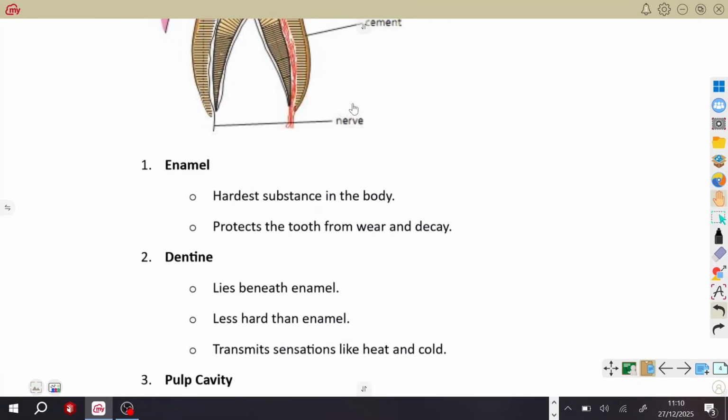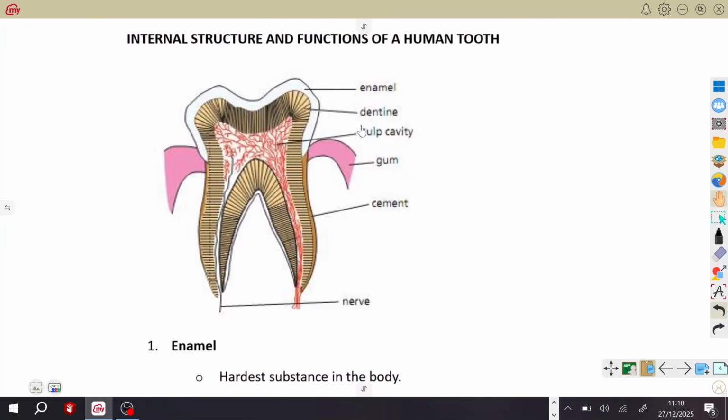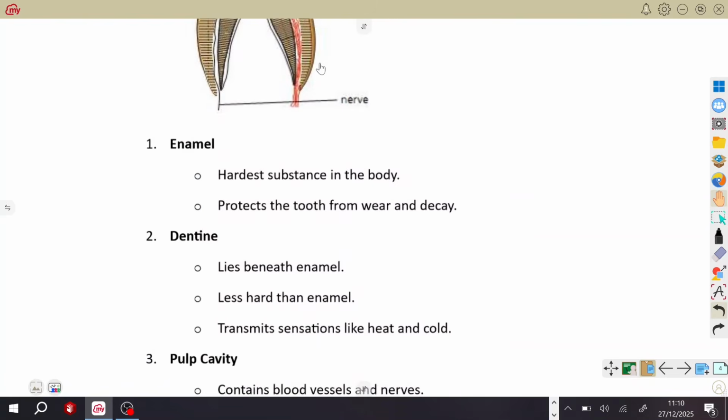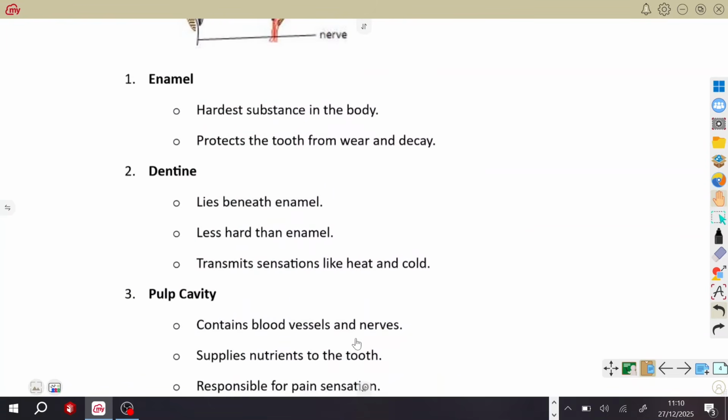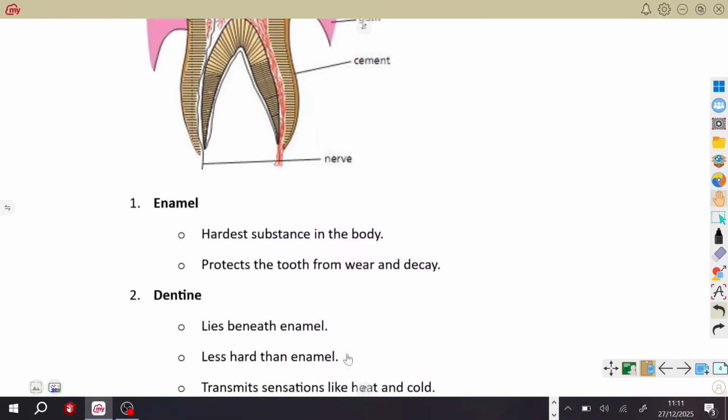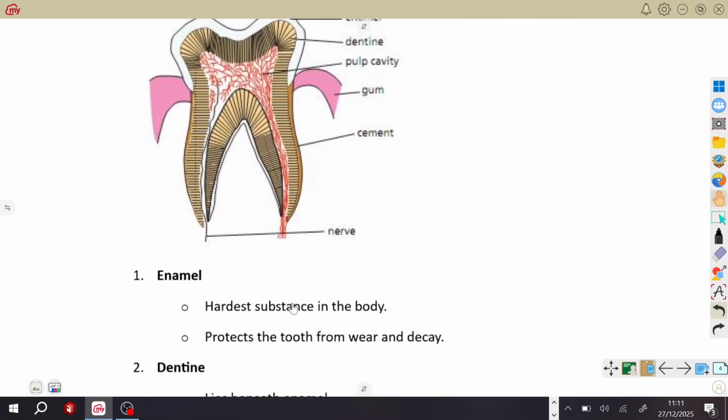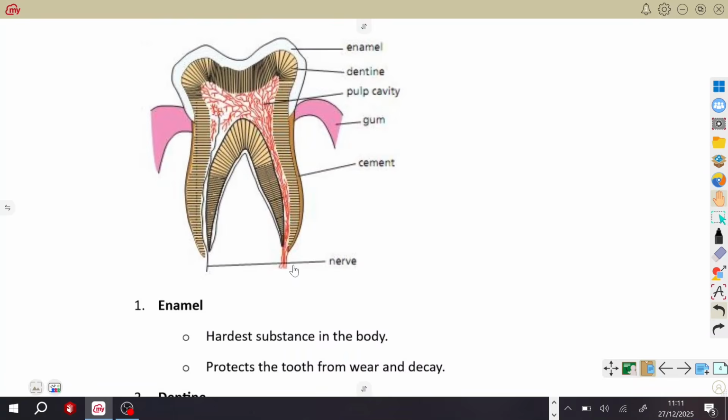The next is the pulp cavity, this one here. When we talk about the pulp cavity, we are saying it contains blood vessels and nerves. So the blood vessels are supposed to be like here. This part here is for blood vessels, the veins that are supplying blood with the nutrients this side.